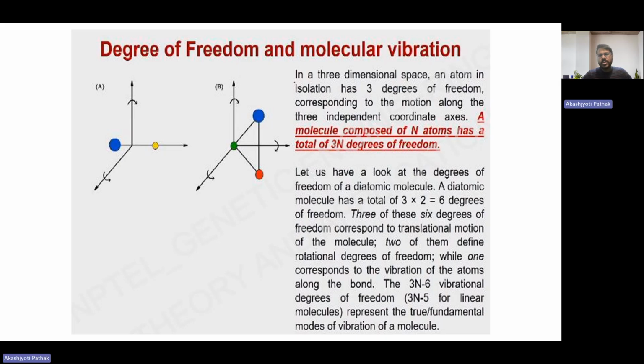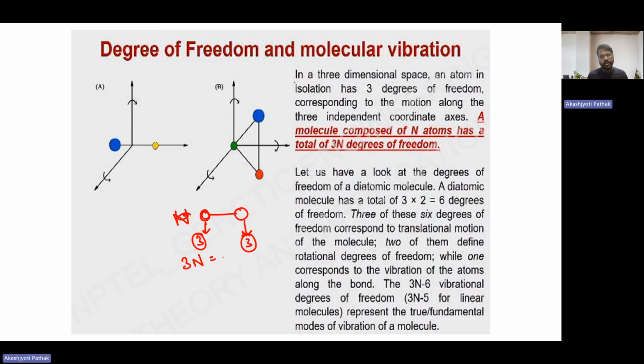So a molecule composed of n atoms has a total of 3n degrees of freedom. If you consider two atoms, this one and this one, this atom will also show 3 degrees of freedom. That is why it will be 3n, where n is the number of atoms.